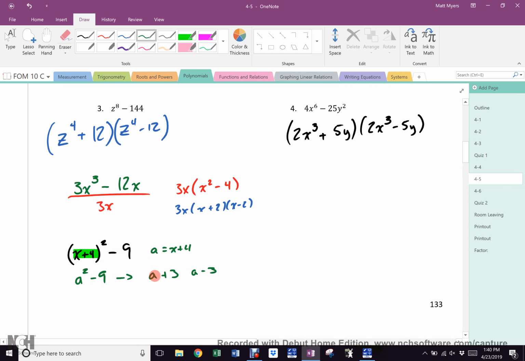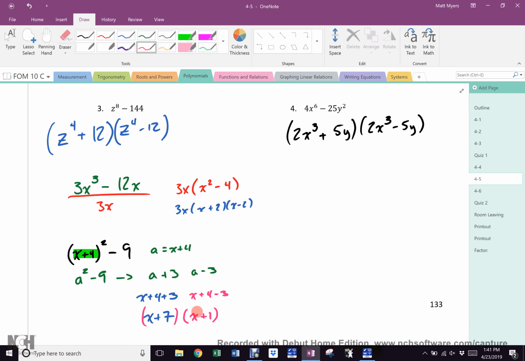But there is no A, is there? What's A? So isn't this really x plus 4 plus 3? Which is what? X plus 7. No tricks here. And what would this really be? X plus 4 minus 3, which is x plus 1. And now that one's done. Everybody see? Okay.